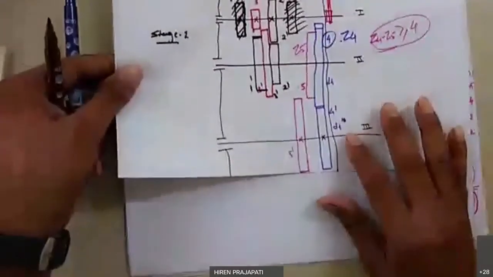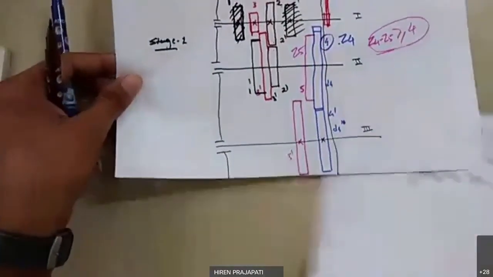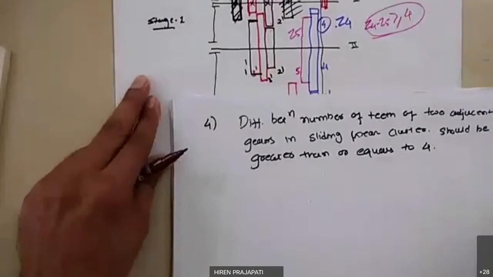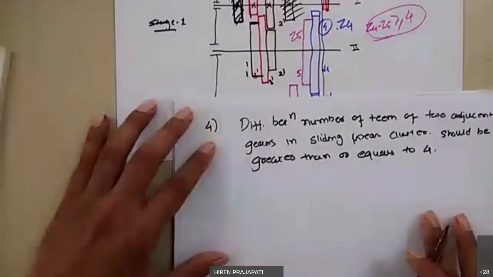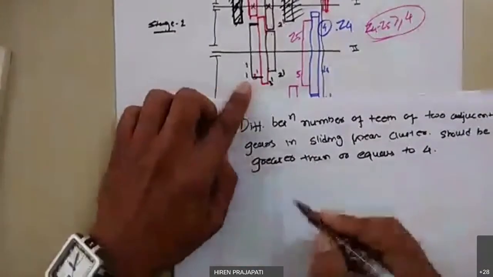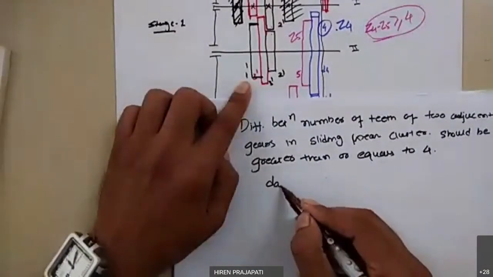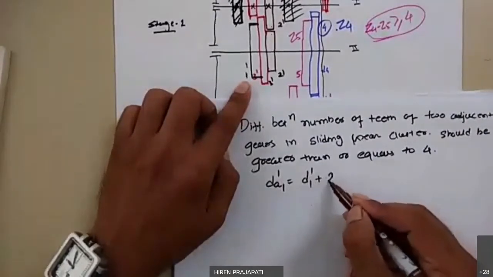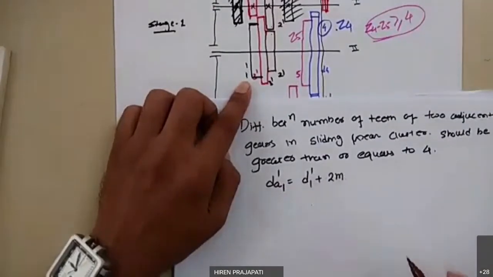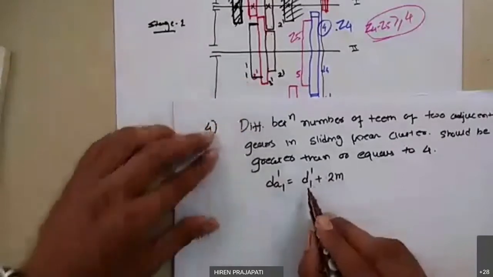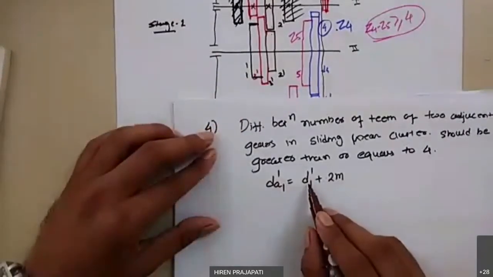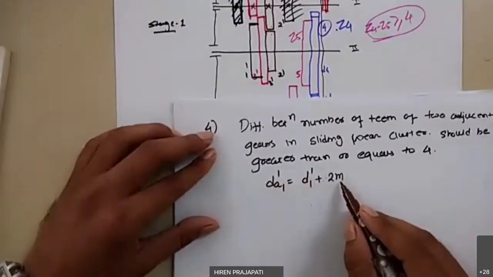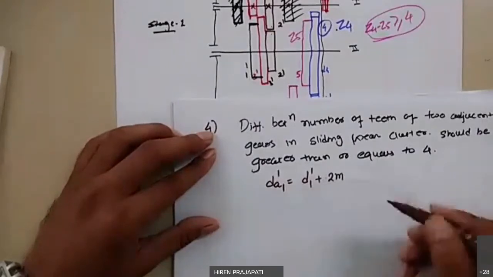If I write the equation of addendum diameter, then DA1 dash is nothing but D1 dash plus 2 times module, right? This is what the addendum diameter is. D1 dash indicates the pitch circle diameter and 1 module is for addendum. So 2 times module, that is addendum diameter, right?